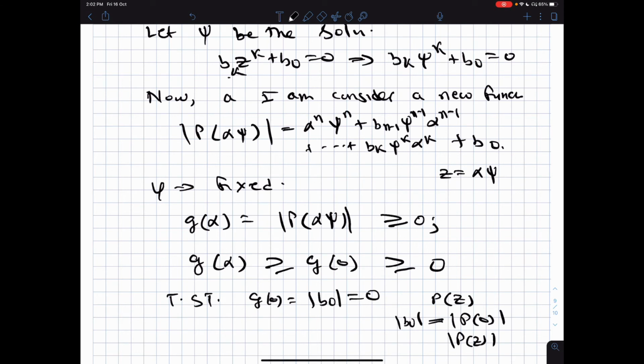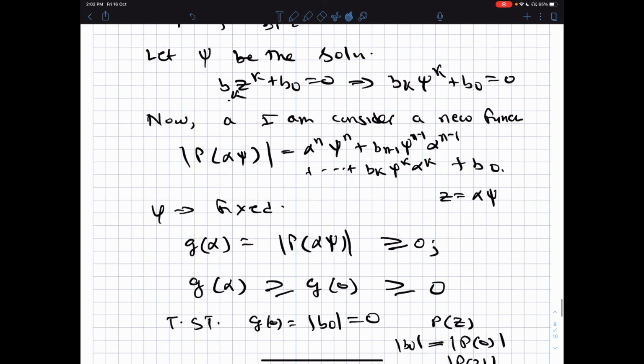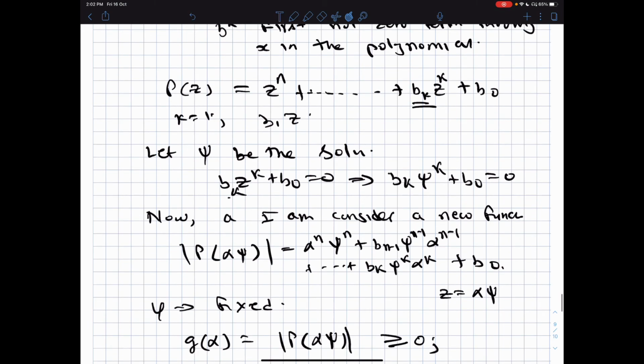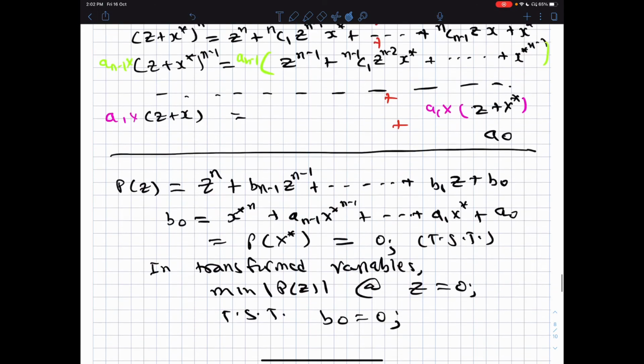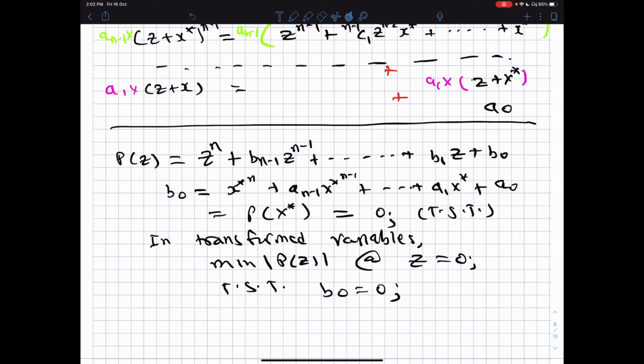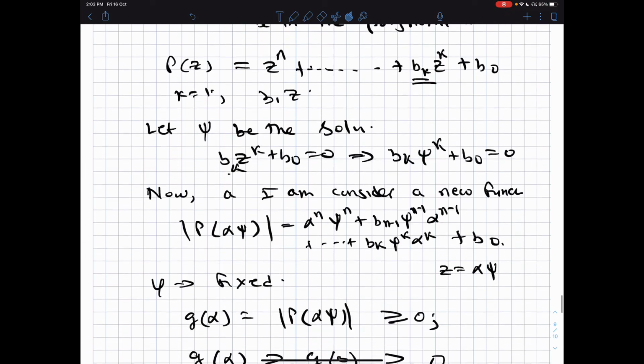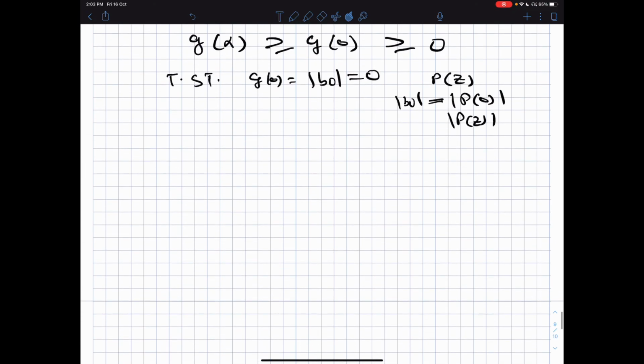And if mod of b naught becomes 0, what is actually my b naught? It is nothing but the polynomial value x star to the power n plus a_(n-1) x star to the power n minus 1, and so on. It's actually the value that the polynomial takes at the original minimum, which is b naught, and if b naught turns out to be 0, it means the global minimum at x star is 0, and so I would be done with it.